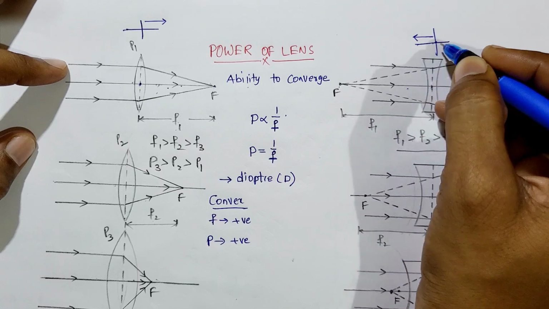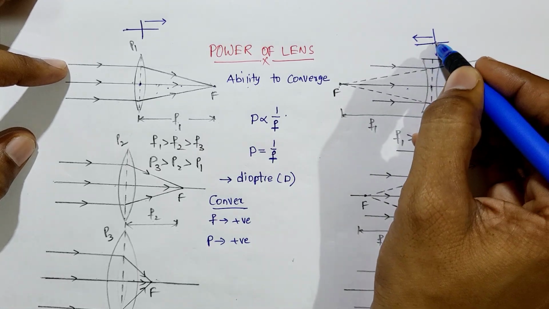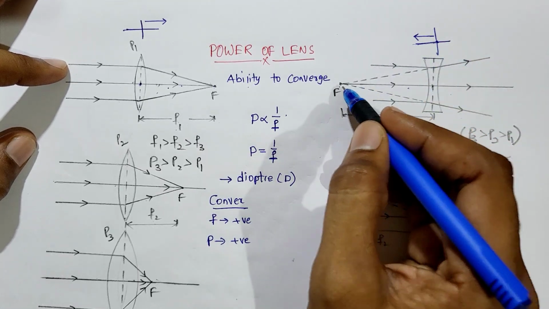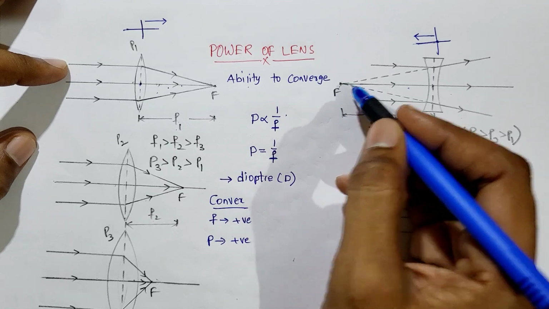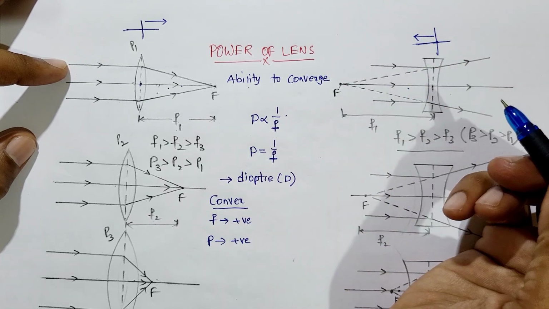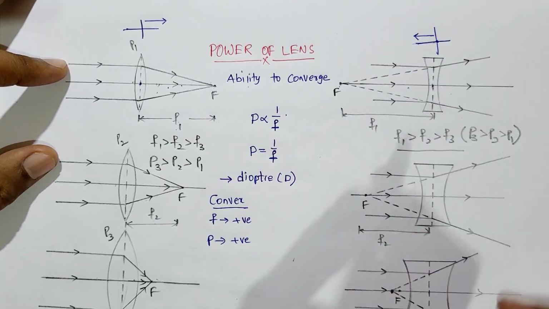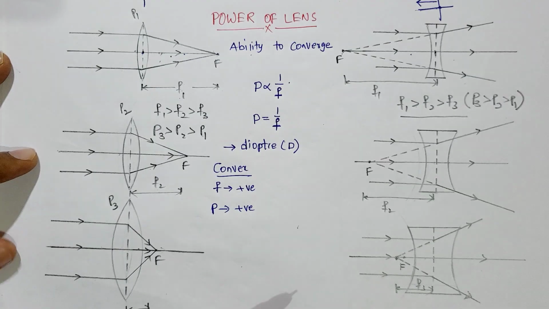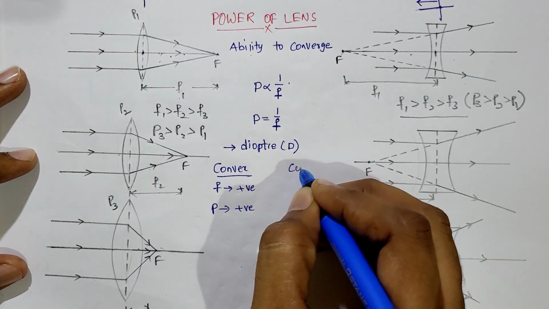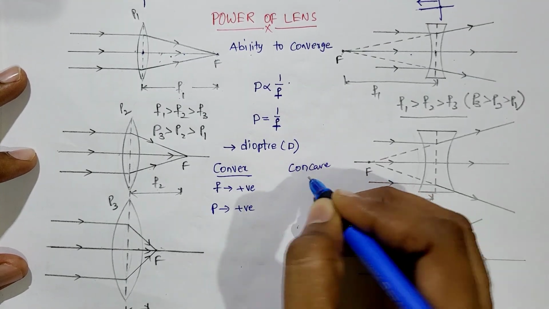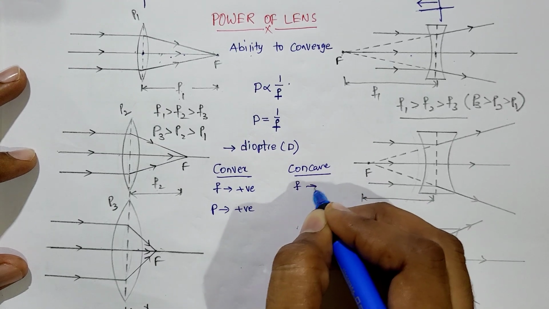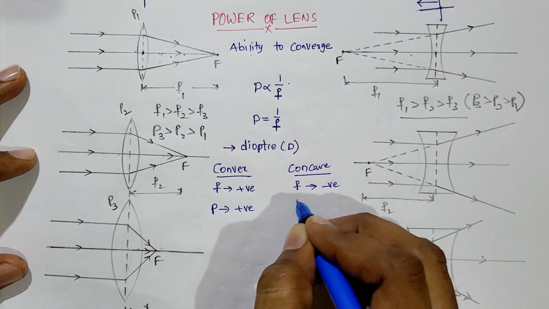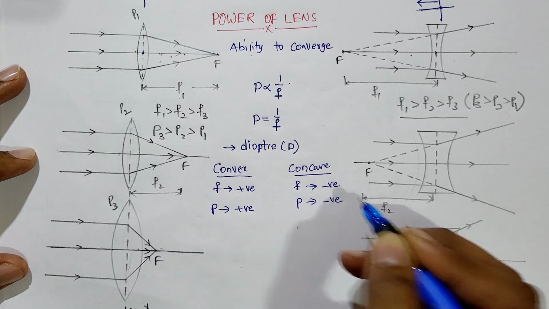This is the optical center, and from here you are moving towards negative x-axis. Focus is here, so you are moving towards negative x-axis direction to measure focal length. So the focal length of a concave lens will be negative. When we come to concave, the focal length of a concave lens is negative, so the power of a concave lens also will be negative.